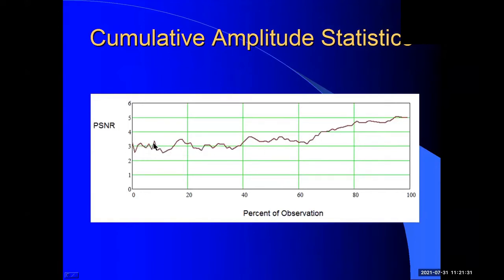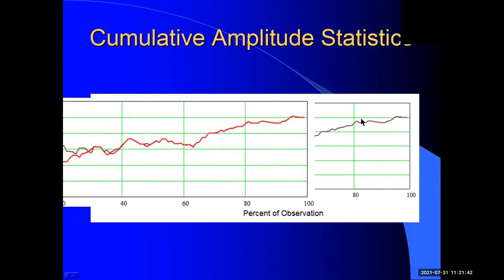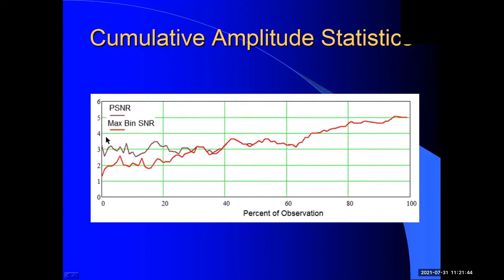So it's starting off around about 3 to 1, and then gradually creeping up to 5 to 1. By the time it gets here, you can find out what the largest pulse is. And so you find the maximum bin, and you can plot how the signal to noise ratio increases on that. And you'll notice that the pulsar kind of takes over around about halfway with this 5 to 1 data.